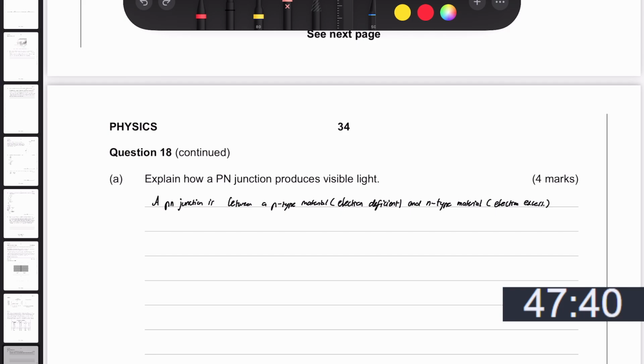Okay, I'm going to search: is p-type material higher energy level than n-type? Greater energy relative to the n-type conduction band.